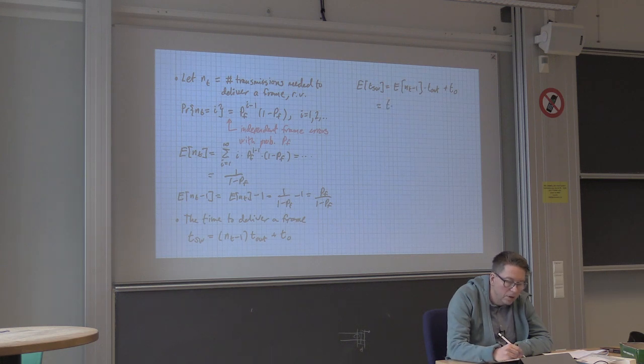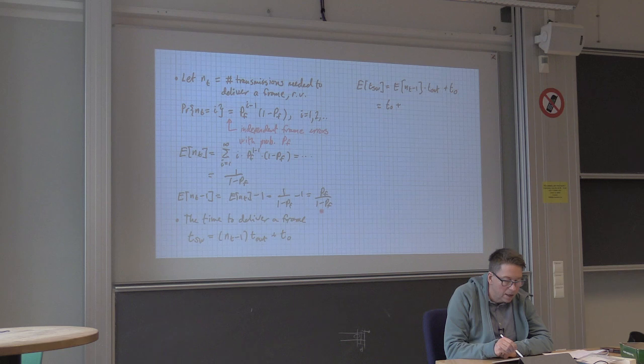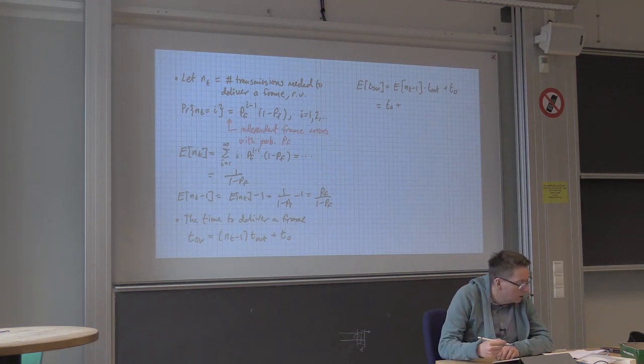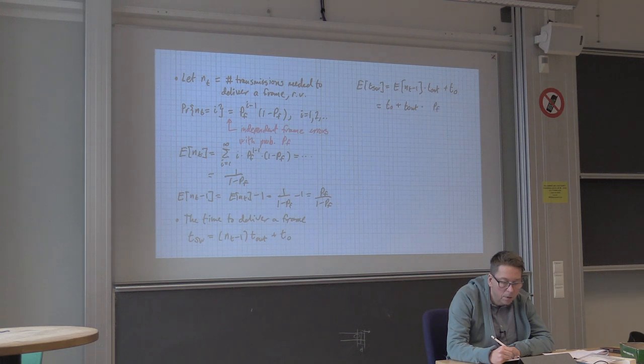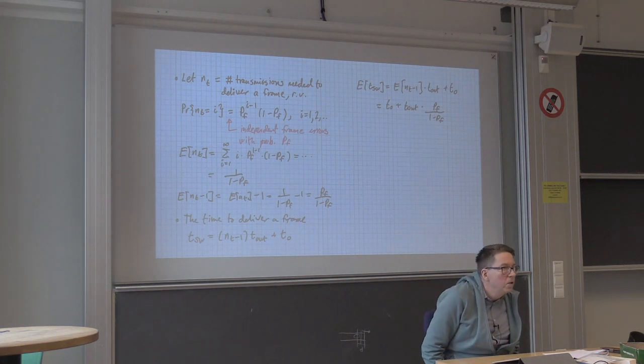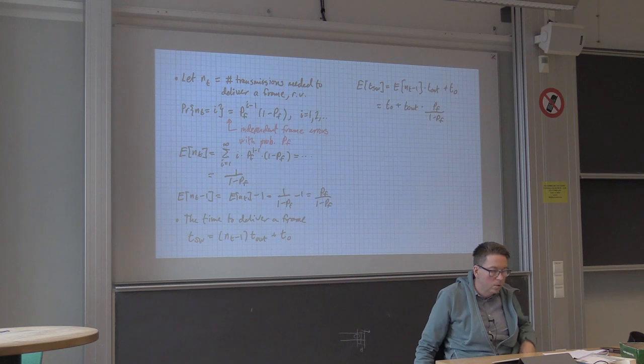So let's put t0 at the beginning, and then the expected value of nt minus 1, we just calculated to be pf over 1 minus pf. So the second part is the timeout time times pf divided by 1 minus pf. This is how far we get at the moment.